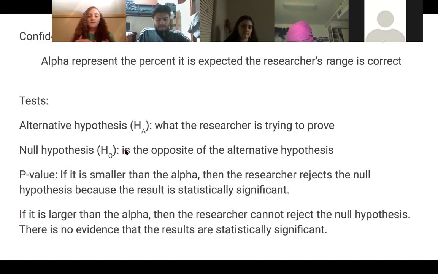For example, let's say I'm guessing my score on my last test, and I predict that my score is equal to 85. So my null hypothesis would be that I got something below 85 or higher than 85.